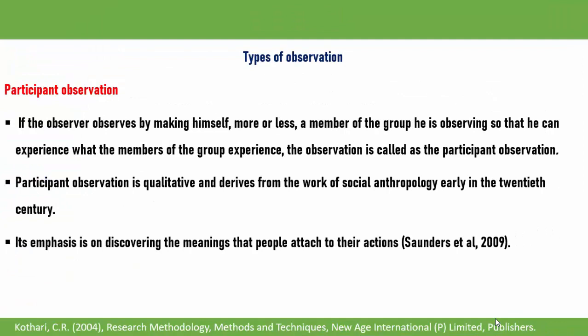We have different types of observation, and the first type is participant observation, in which the observer observes by making himself more or less a member of the group, so that he can experience what the members of the group experience. This observation is called participant observation.